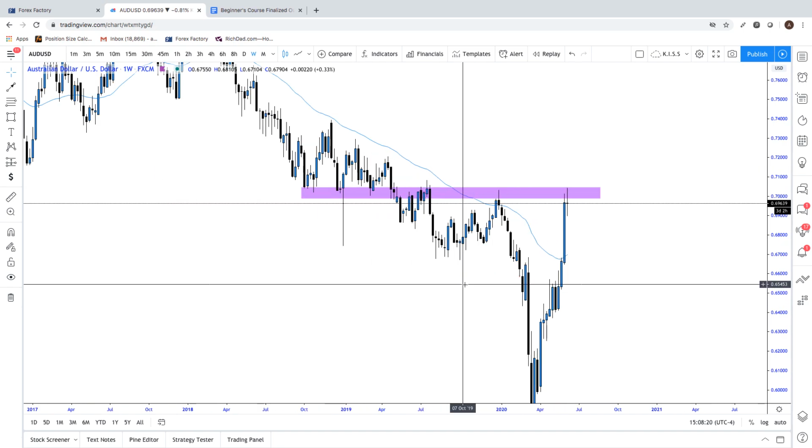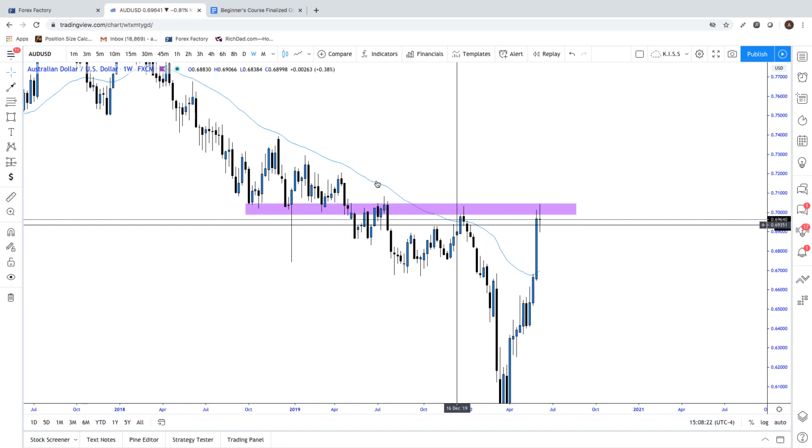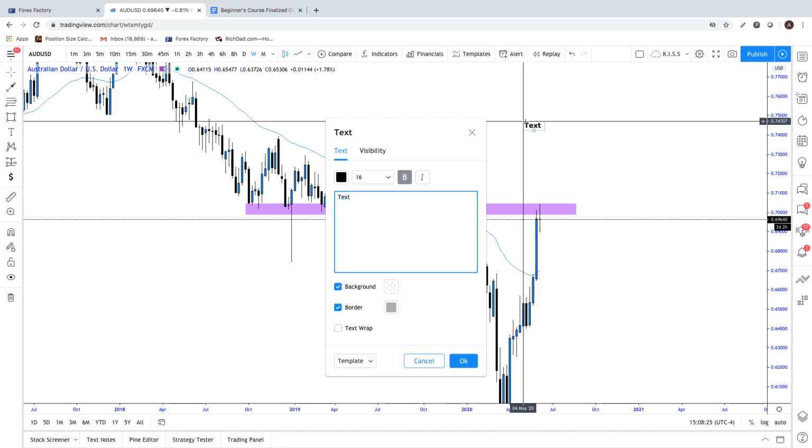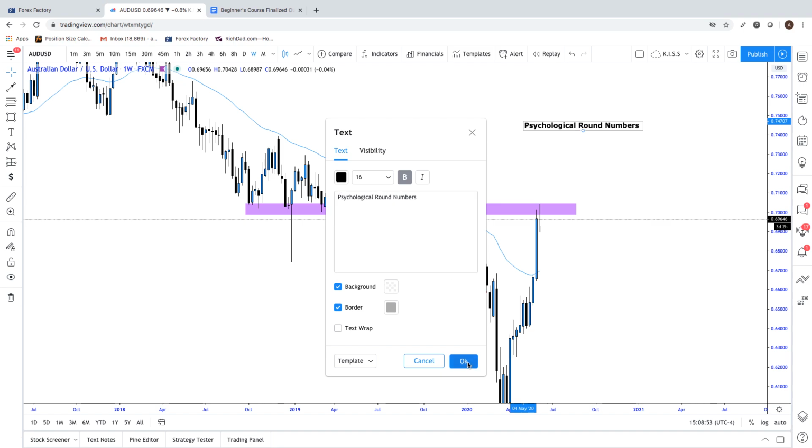Okay, but I want to get to my overall point now, and that is these levels are oftentimes at what we call psychological round numbers, okay?